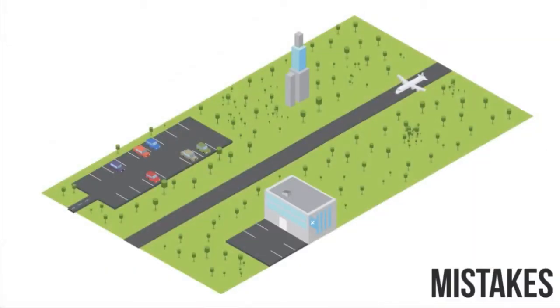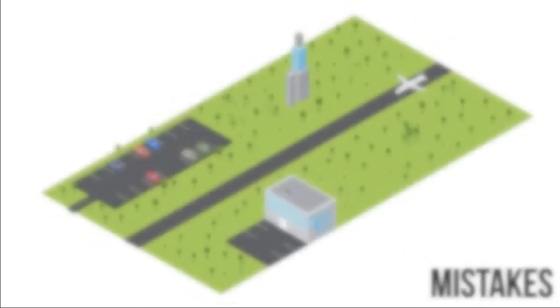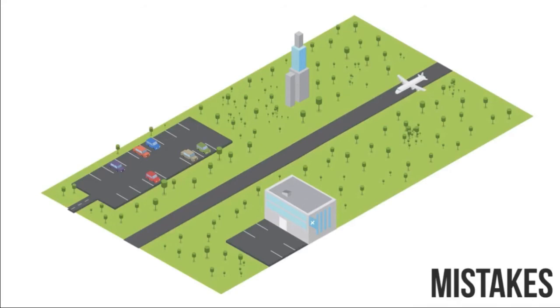How about mistakes? Mistakes occur due to misinterpretation of relevant rules. For example, you interpret that your flight check-in time is 8 a.m. but arrive at the airport late.